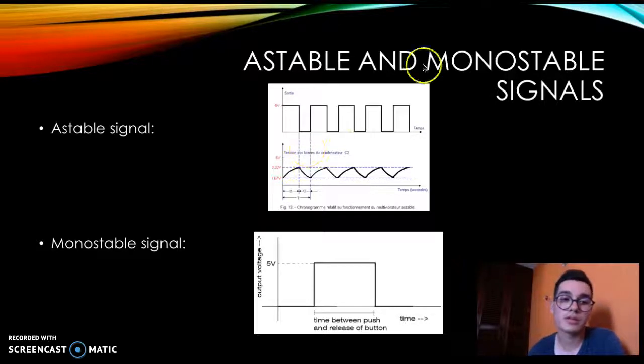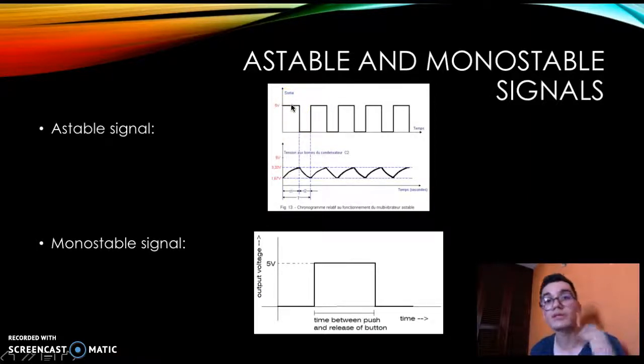So basically the astable and monostable signals are these ones, and the astable signals are the ones that oscillate in zeros and ones. By oscillating, I mean changing from the one to the zero in a period of time. This is the total period of time, okay? And this is the 1, this is the 0, 1, 0, 1, and so on.